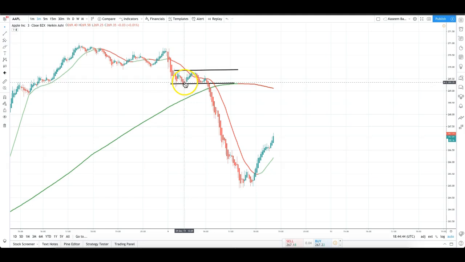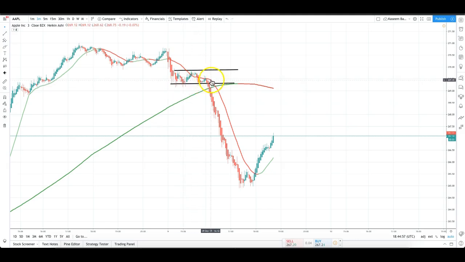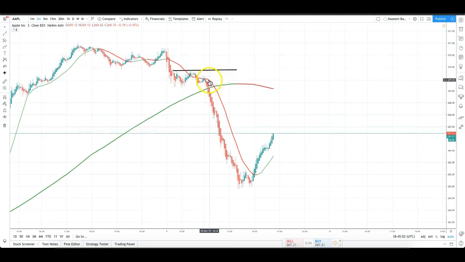So it's trying to go up here. It really couldn't break. Same thing happened here. It really didn't break. The trend changed, and what we have here is like a double bottom basically, and price just keeps on going down, right? So to me, this is telling me that right at this point, I'm looking at a short opportunity.